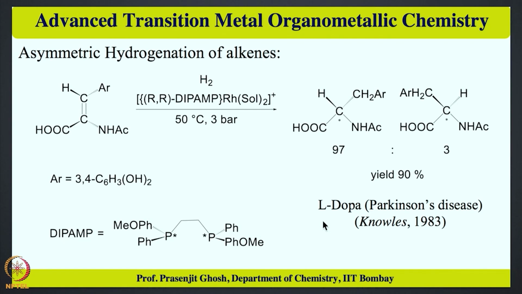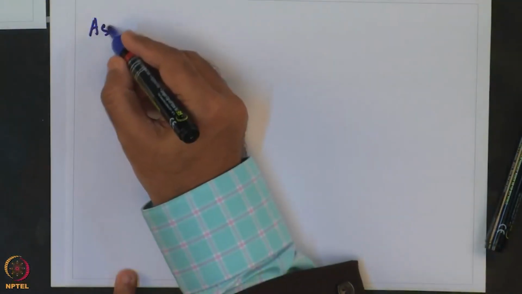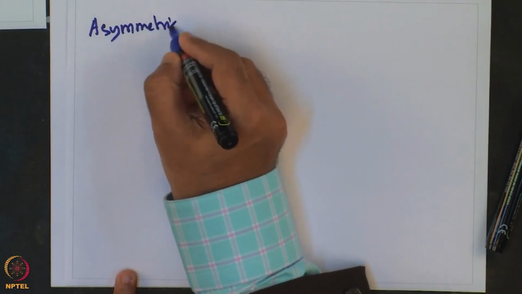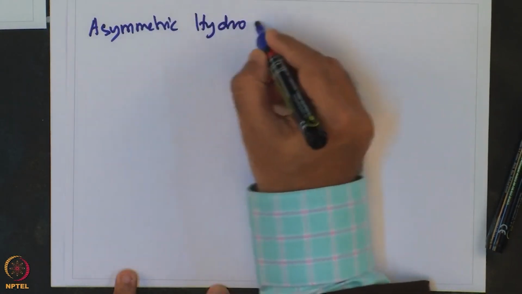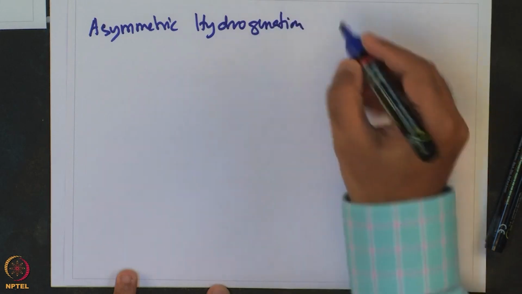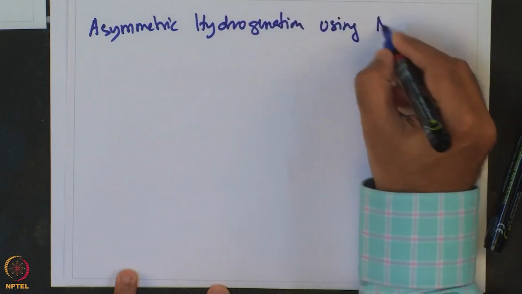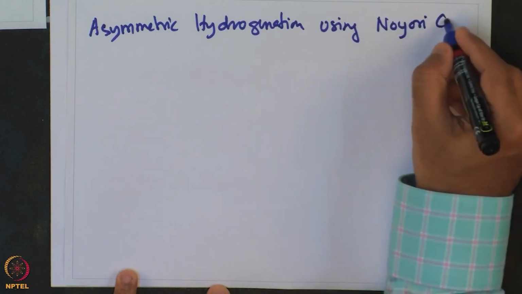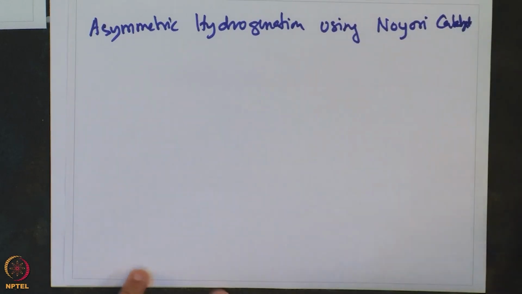So, as far as the Noyori catalyst is concerned, it is suitable for asymmetric catalysis, and that we will illustrate using an example. So, asymmetric hydrogenation using the Noyori catalyst.